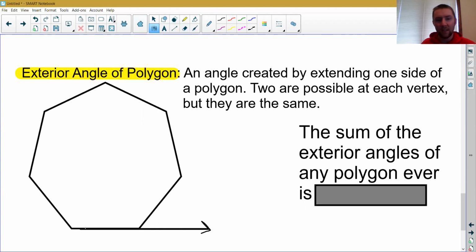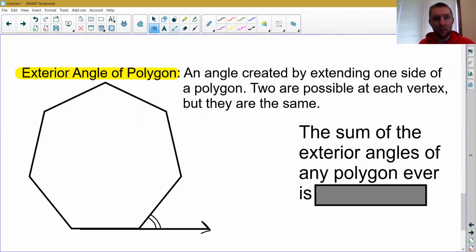In this case, I extended the bottom side of this, which I think is a seven-sided shape, in this direction. Do you see the angle that I have created on the outside of the shape? Right here is what we would call an exterior angle of this seven-sided shape. This is an exterior angle because it is created by extending one side in one direction.